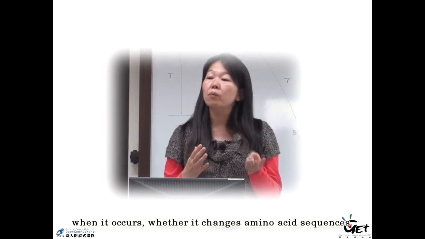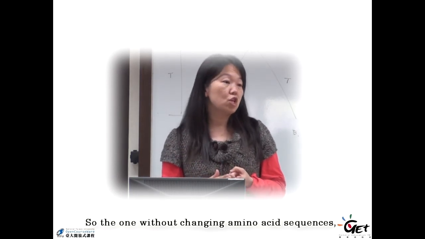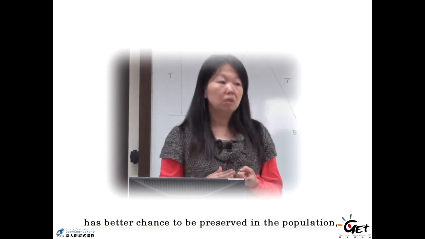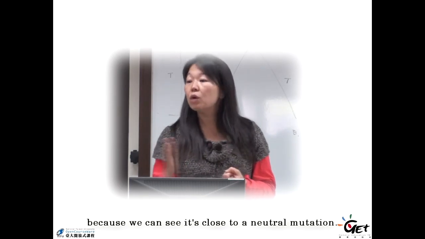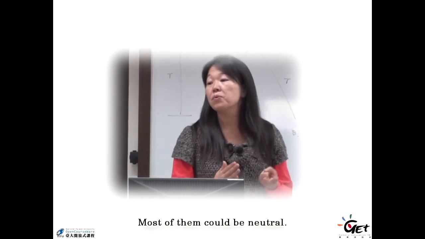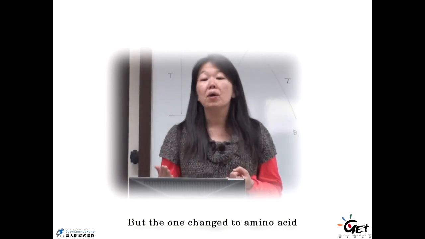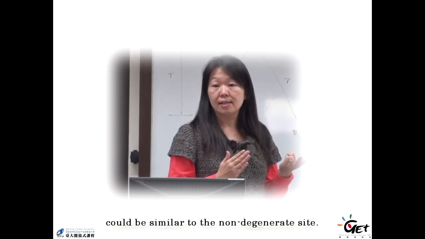And the 2-fold degenerate site is about whether, when a mutation occurs, it changes the amino acid sequence. The one without changing the amino acid sequence has a better chance to be preserved in the population, because it is close to a neutral mutation. Most of them could be neutral because they didn't change the amino acid. But the one that changes the amino acid will be similar to the non-degenerate site, right?